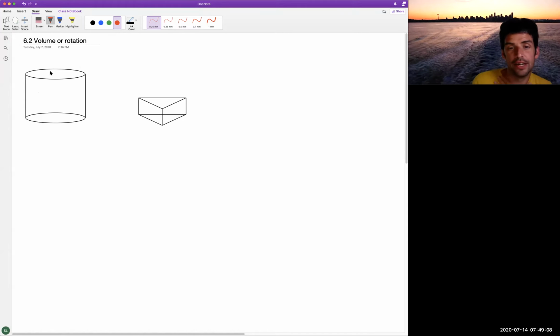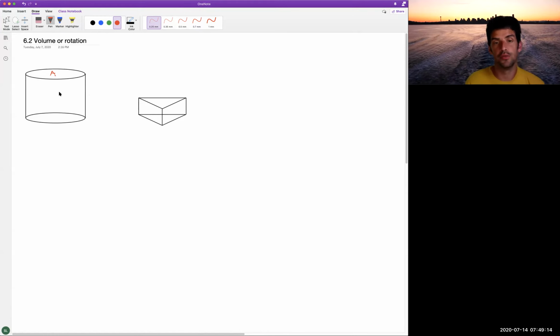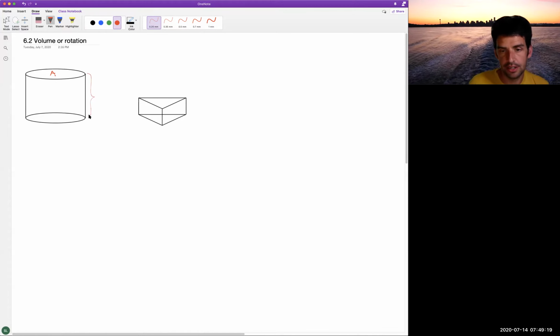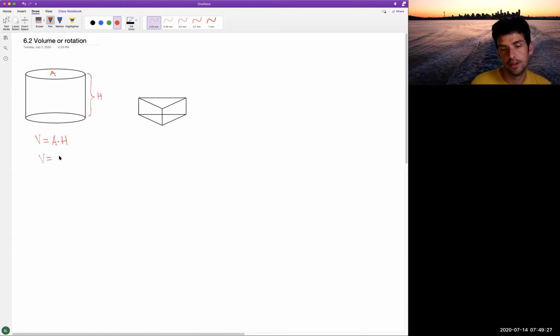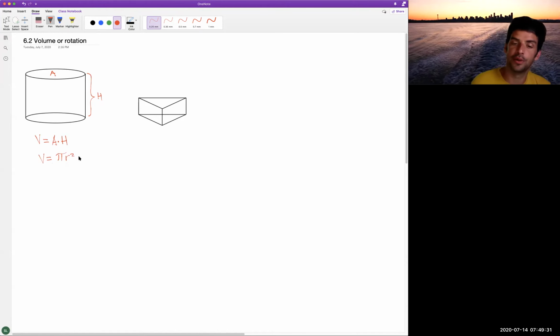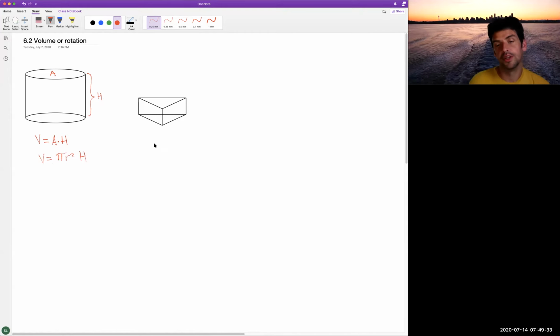And if you want the volume of this cylinder, you start with the area of one of the faces. They're the same, and you need the height, right? And then the volume is just that area times the height, right? In this case, the area of one of the faces is pi times the radius squared, times the height.